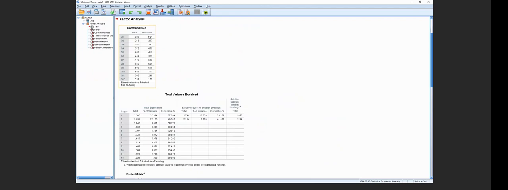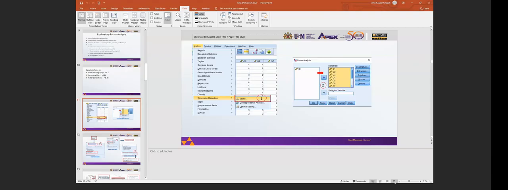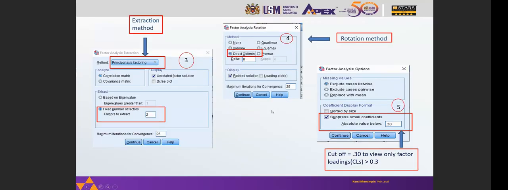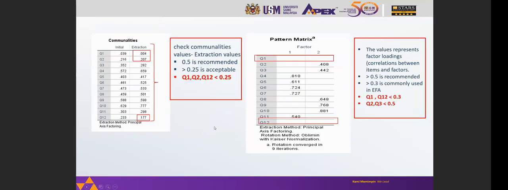Here you can see the communalities. This is your outcome. Q1, Q2 and Q12 have communalities less than 0.25.